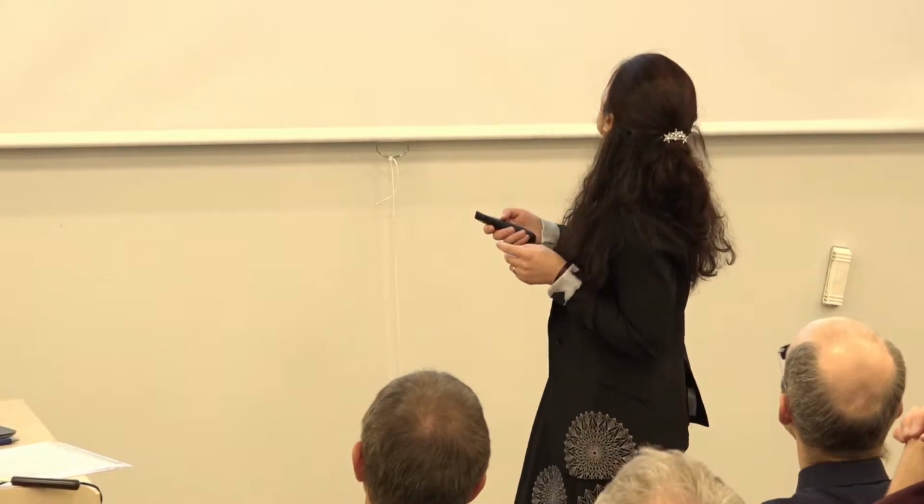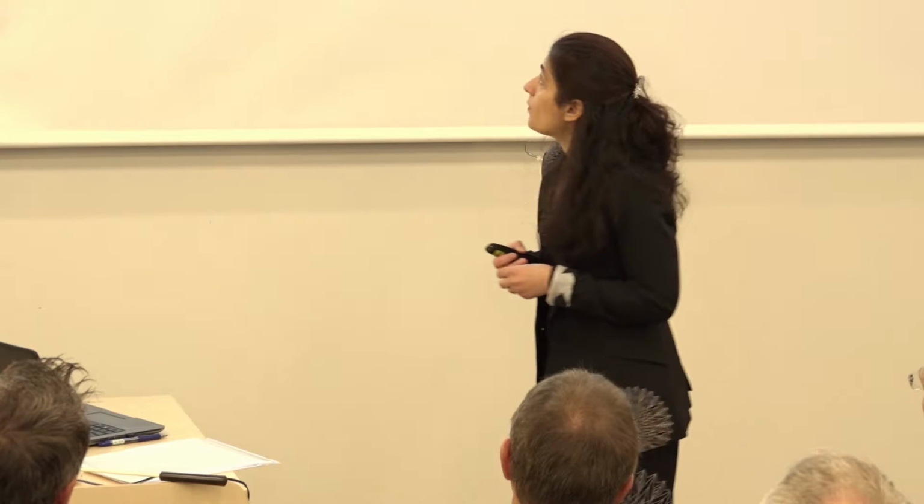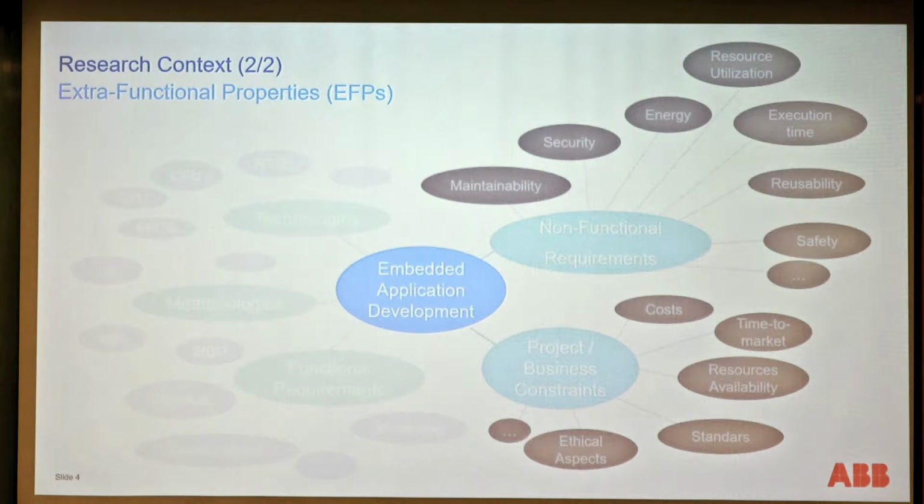In our case, it's very important to take into account all possible extra-functional properties that are important for the partitioning. Today we need to fulfill many requirements, and we want to see which is the most suitable way to fulfill these requirements, considering the many extra-functional properties related to the partitioning.